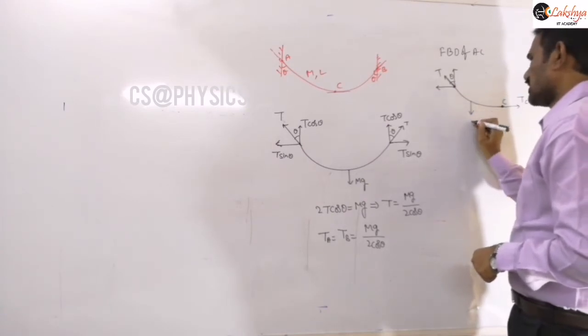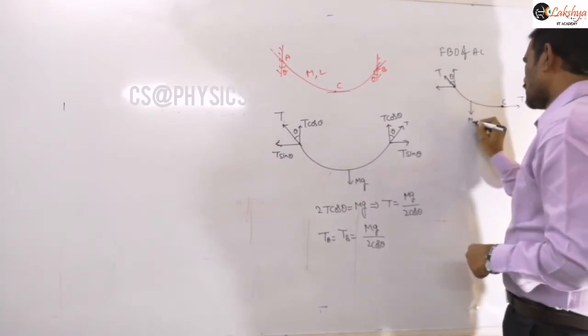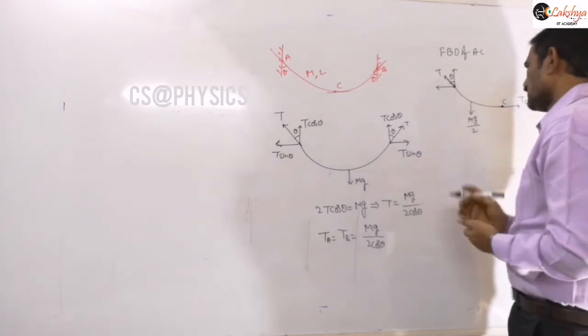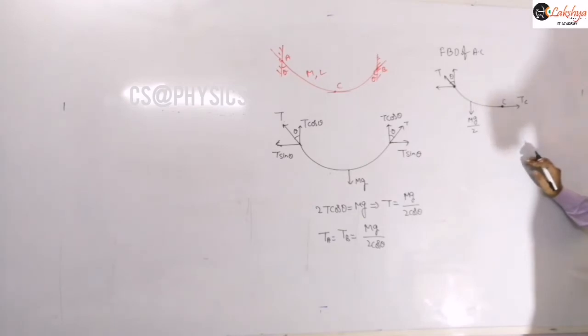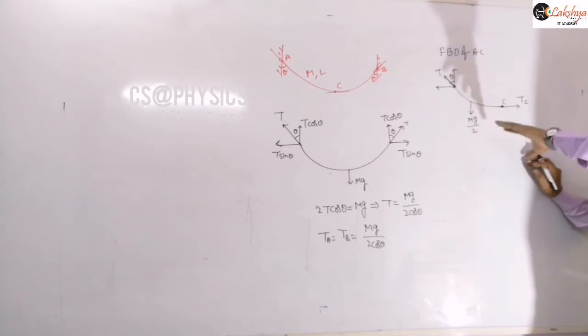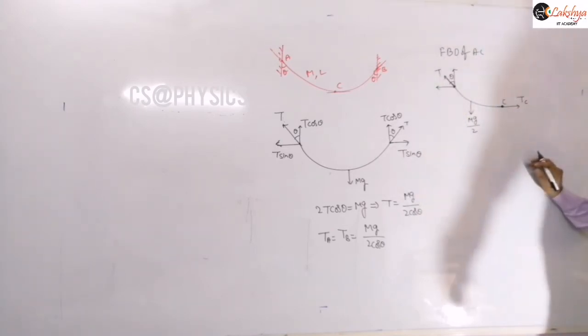I can write it directly as mg by 2, acting vertically downward. It is not required for us in the horizontal equilibrium, but you need to represent it.